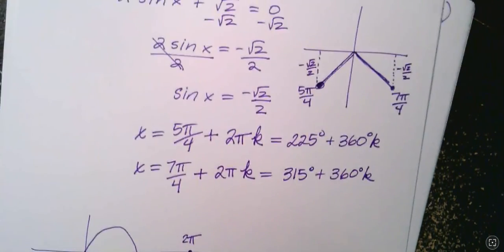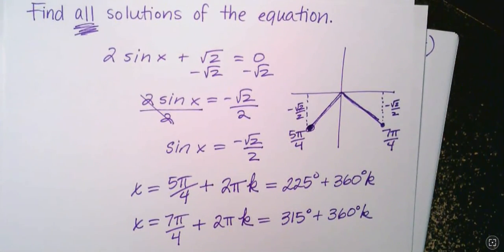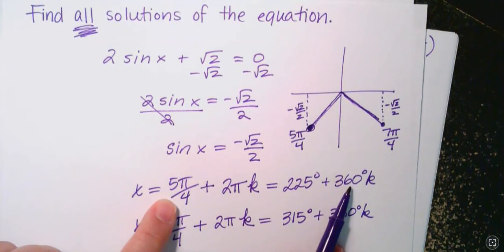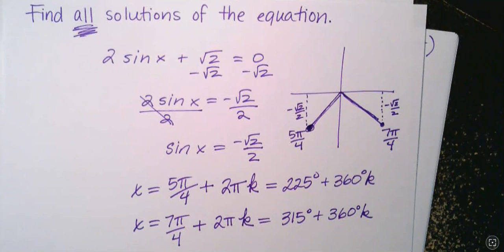So it turns out that if this were a tangent problem, instead of saying go all the way around k times, it would be just go pi, go halfway around k times. And instead of 360, it would be 180. So that's if it were a tangent problem. And I had answers, and I was trying to indicate that I wanted all answers.